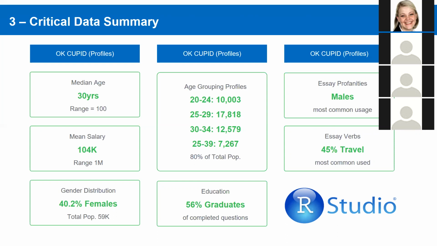We profiled the users' personal essays for a variety of data scraping. We found that male users tend to be the most profane ones, and an interesting fact is that 45% of our users mention travel in their profiles.